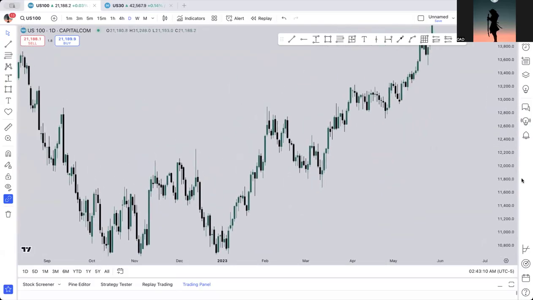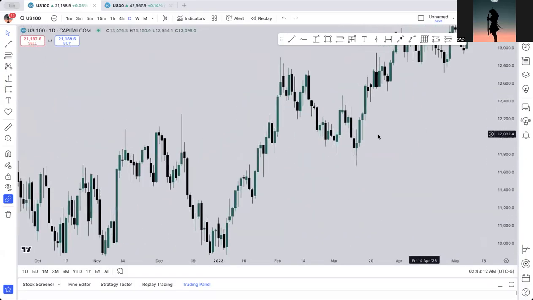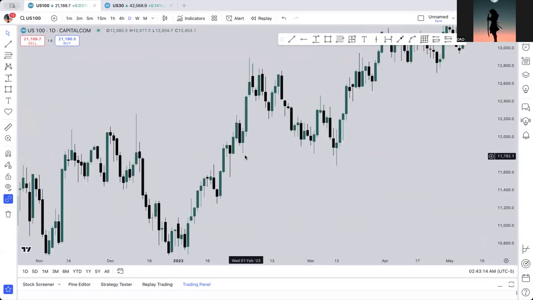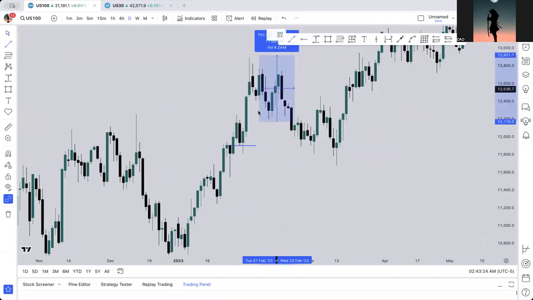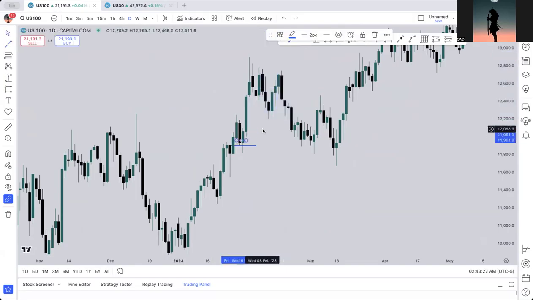Yeah, so now look at this high. Look at this low right here. This low, we can't deny the fact that it rebalanced this gap. So what do we have there?